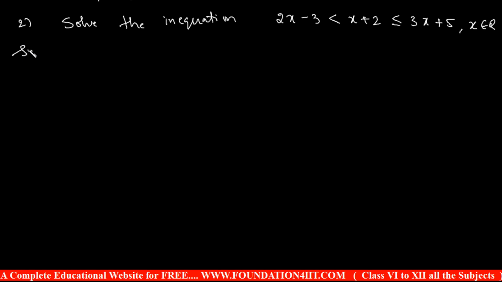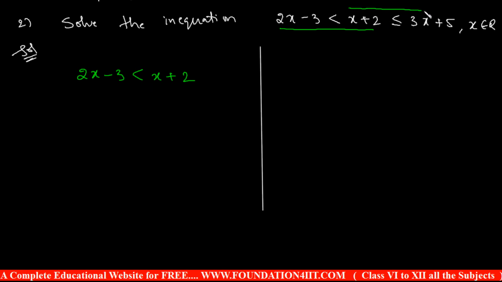According to the method, we need to take two parts, as we just discussed. Let's take two separately. First two and last two. First two is 2x minus 3 less than x plus 2. This inequation we can solve. And last two means the second one and third one, that is x plus 2 less than or equal to 3x plus 5.